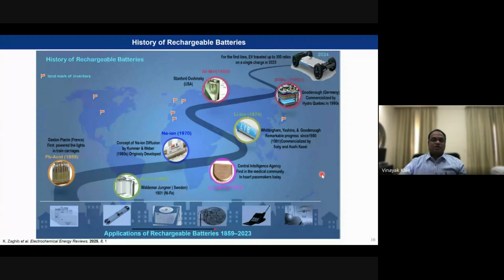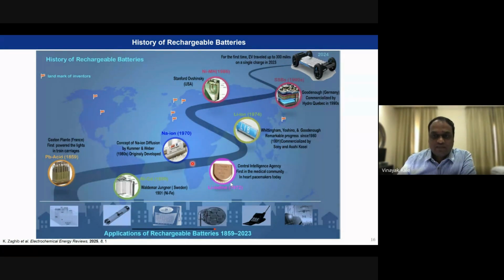So talking about the history of rechargeable batteries, the battery concept is not new. The basic phenomenon of rechargeable batteries has been known for decades. For example, lead acid battery, nickel cadmium battery, and there were a few investigations or improvements done with sodium ion.